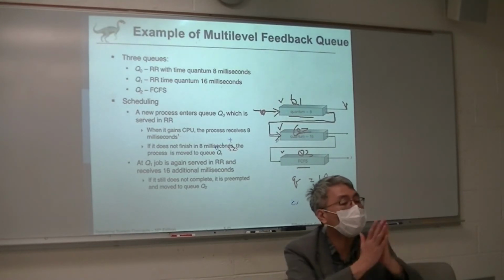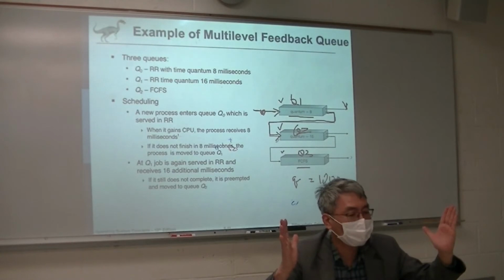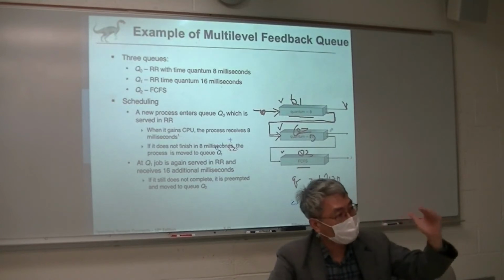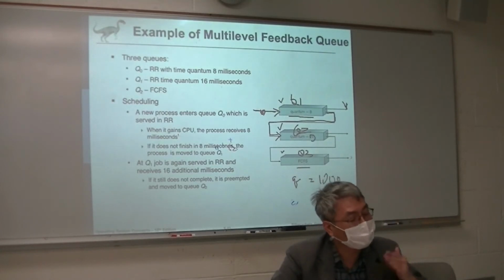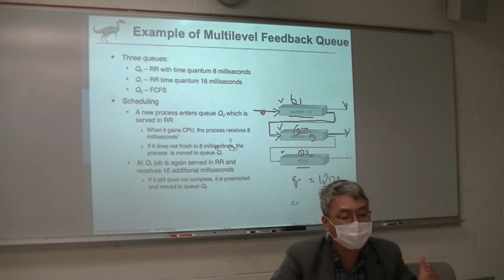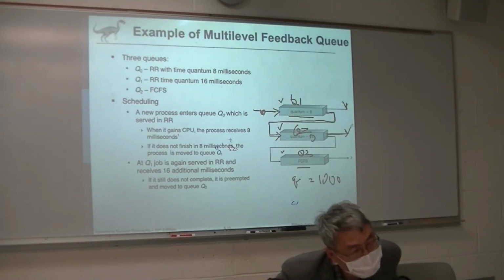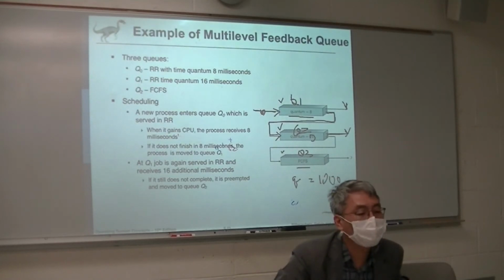That has a longer quantum size, for example, 16. Then if in this round the process is completed, it terminates. However, if there is any remaining CPU time, it moves to the next one, Q3.